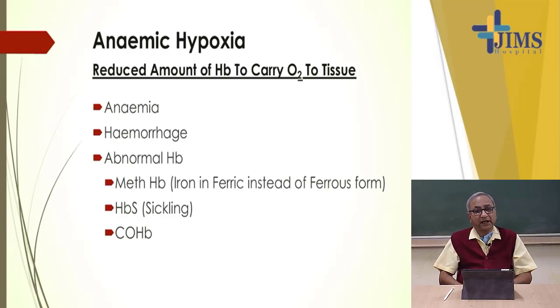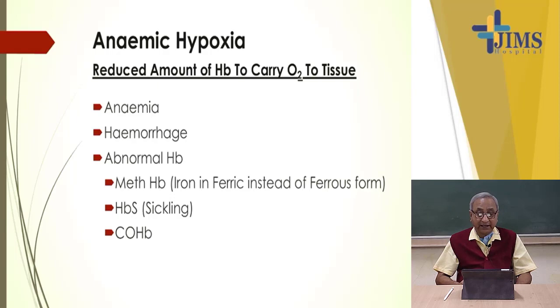Now coming to anemic hypoxia. This is due to reduced hemoglobin carrying the oxygen. The hemoglobin in the blood is low. It can be due to anemia of a number of causes. Acute hemorrhage, where the patient starts bleeding.